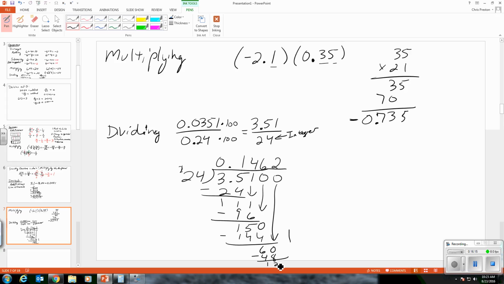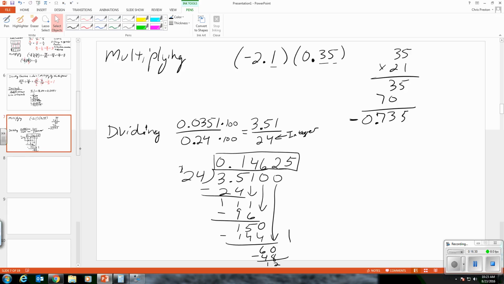And notice this is half of what I'm dividing by. Anytime that's the case, the next digit is a 5. You can think of a half as the same as 0.5. So here's my answer to that division. And again, I would just throw that in calculator if I was using a calculator, but we're kind of going on. All right, let me stop here and we'll start another one to talk about some more review.